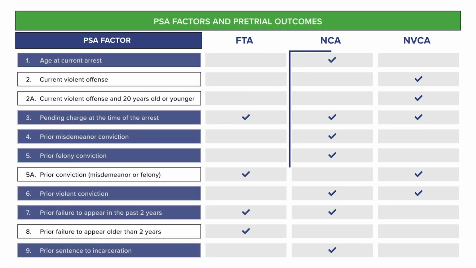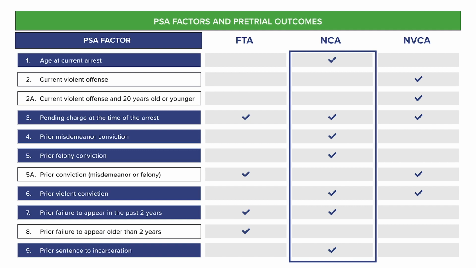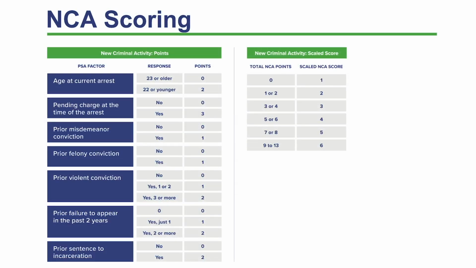Now let's look at the NCA scale. 7 factors contribute to the NCA score. Like with FTA, some factors are scored as yes or no, and other factors count the number of instances. You can see that the factors have different weights, depending on the answer.